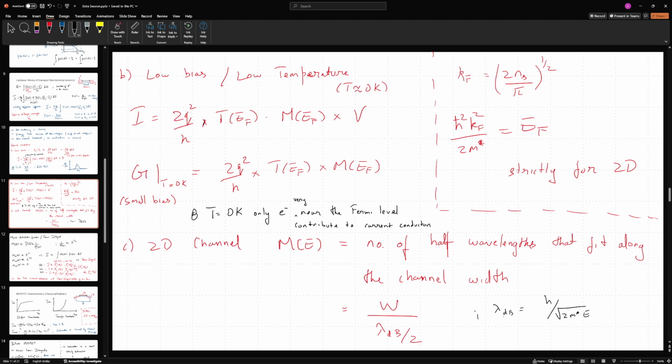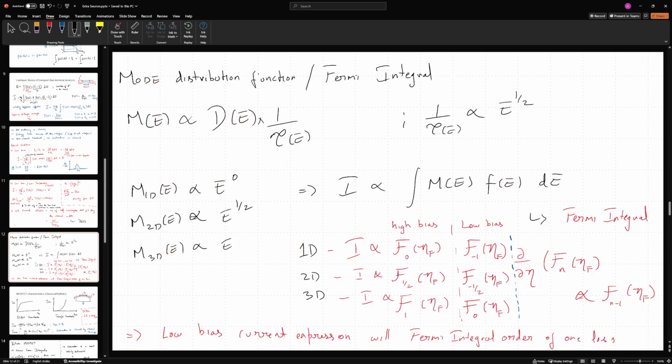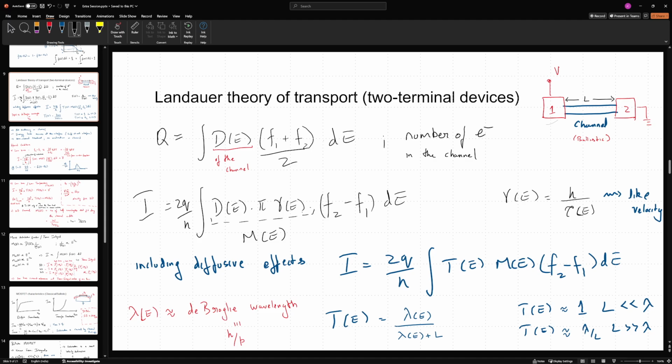And finally, the mode distribution function and the Fermi integral. The mode function essentially has this dimension. It has the density of states multiplied by the inverse of the transit time. For reference, go back here. I have the energy, its density of states into energy broadening.